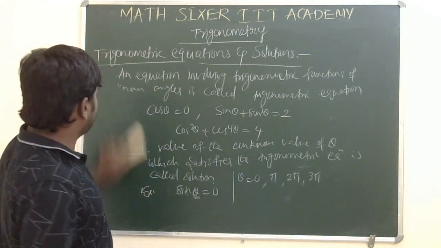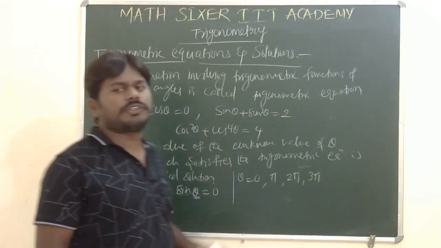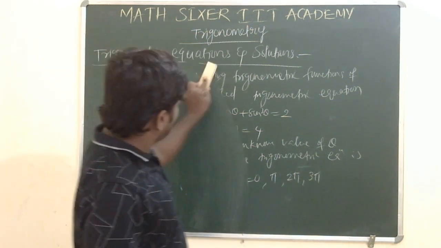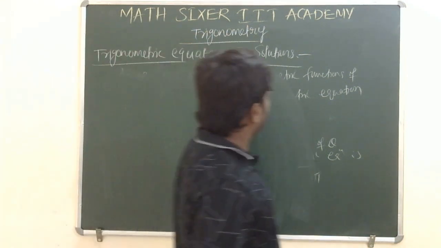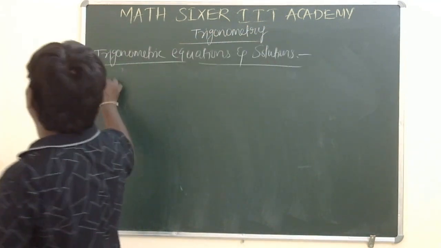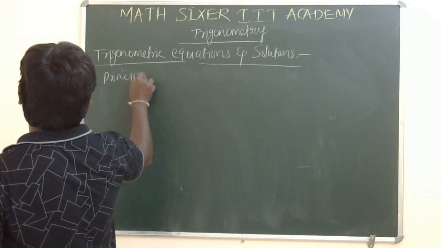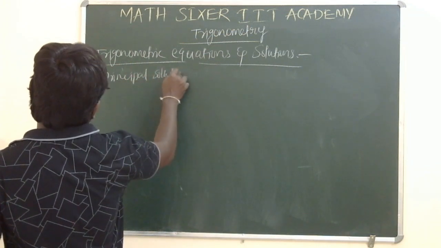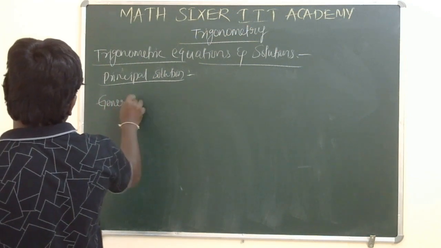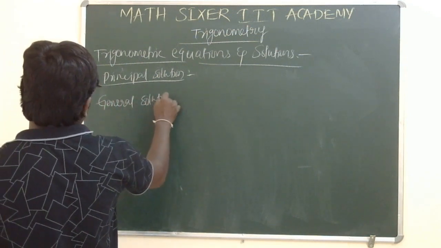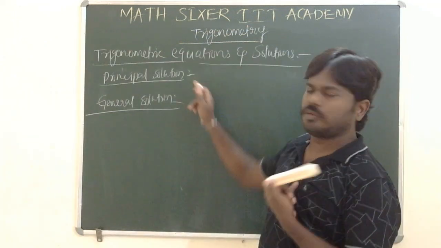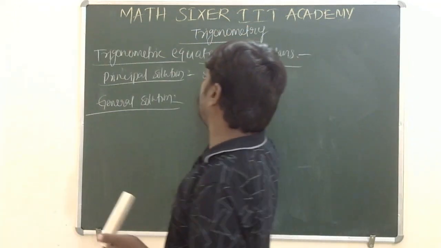So here we will see the types of solution for the trigonometric equation. Types of solution means we have principal solution and general solution. What is meant by the principal solution?